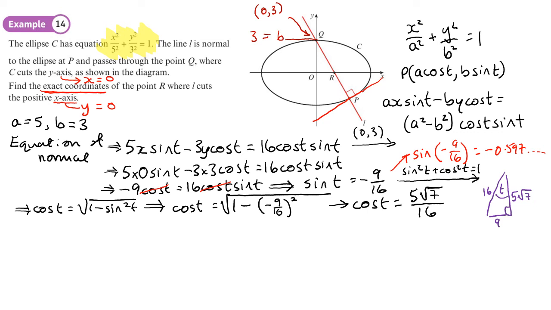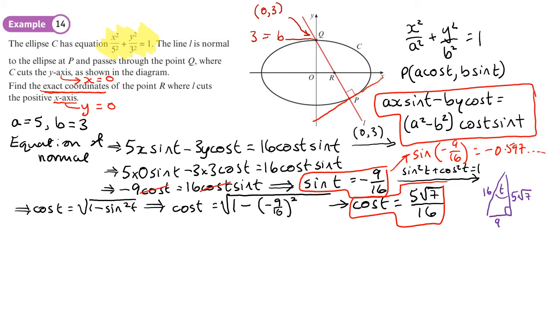So now I've got my value of cos t here and my value of sine t here. I can now use the general form of the equation of the line, because I've got a and b. Let's write these down.